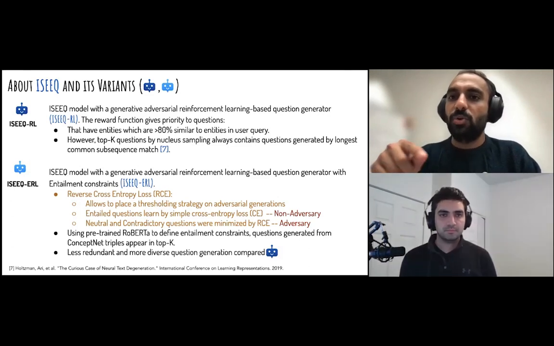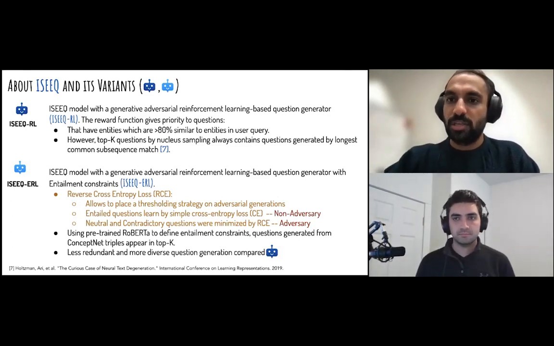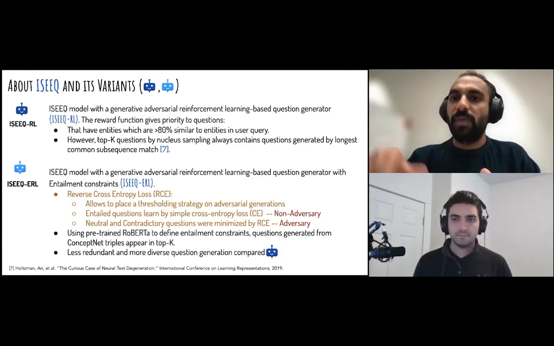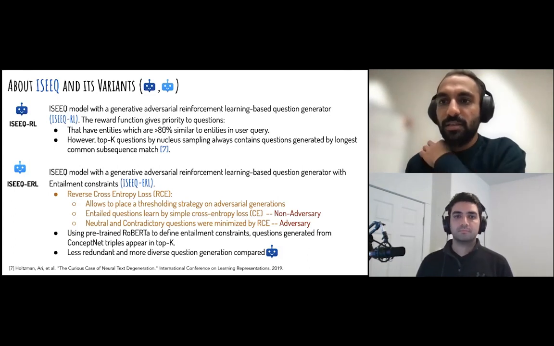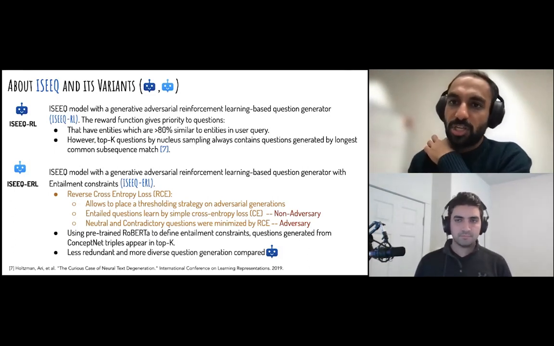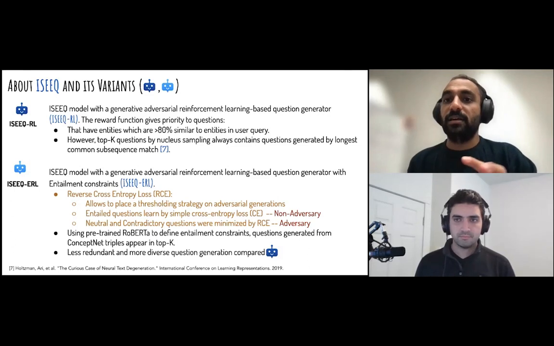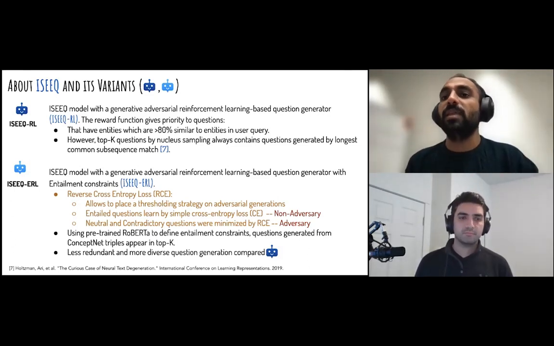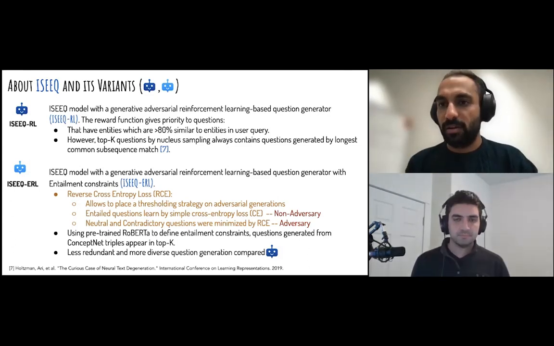You cannot do a min max on the cross entropy loss. Either you minimize the cross entropy loss or you maximize it. So if you're minimizing it, the reverse of the cross entropy loss is what you have to maximize. So we introduce a reverse cross entropy loss to say that this is the adversary generation and this has to be minimized. Okay. So we minimize the reverse cross entropy loss based on the triple information.